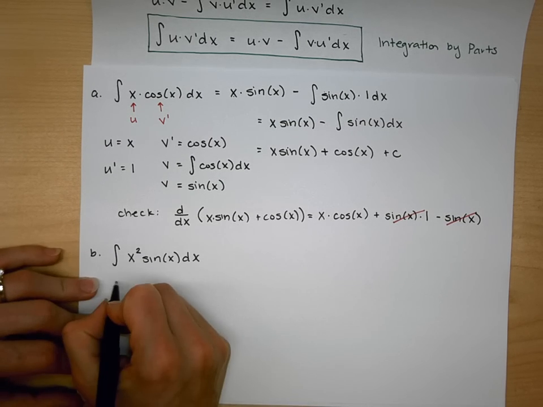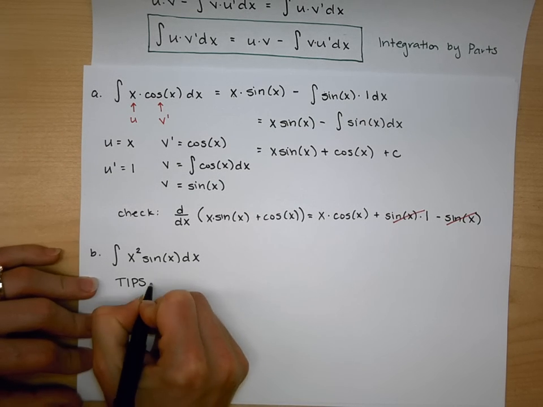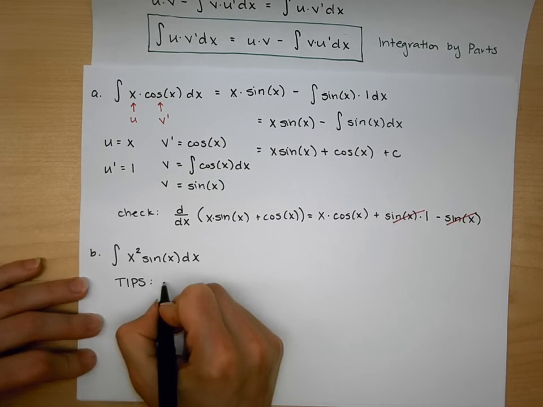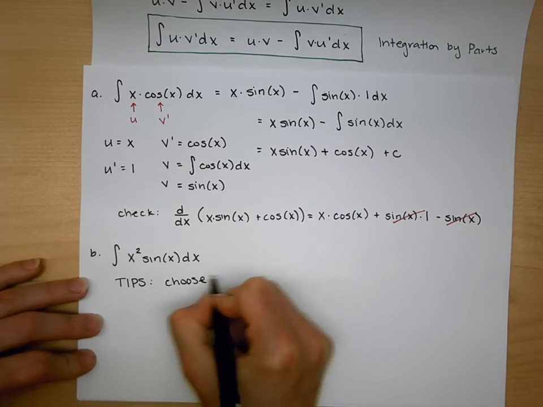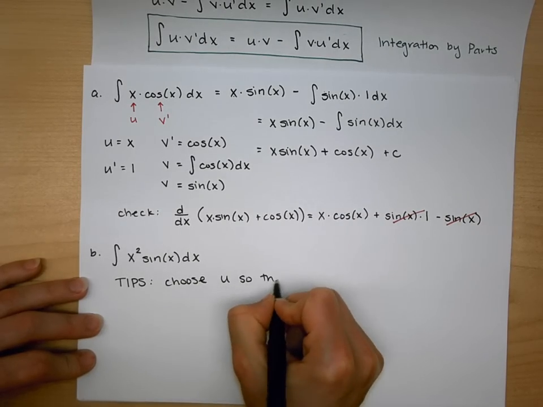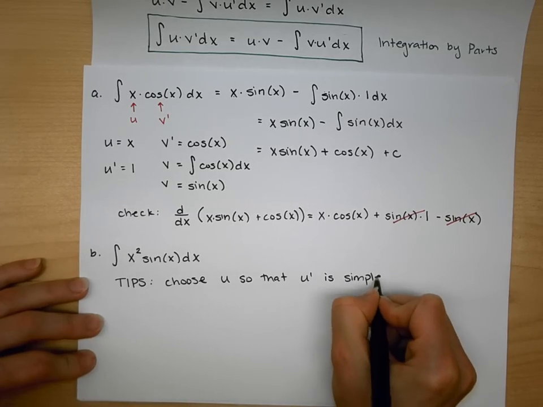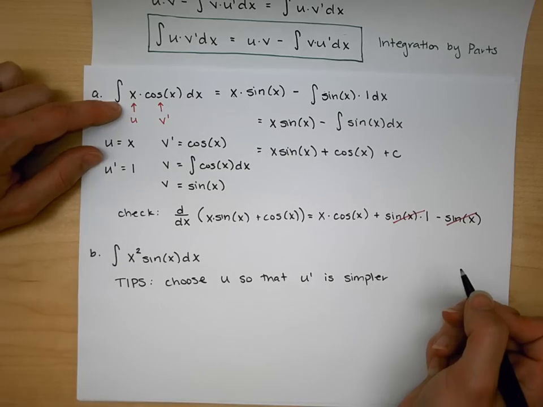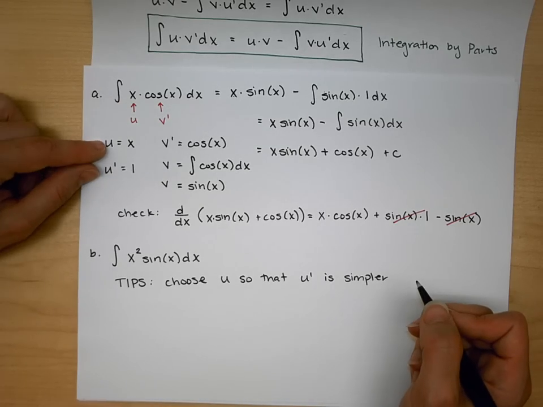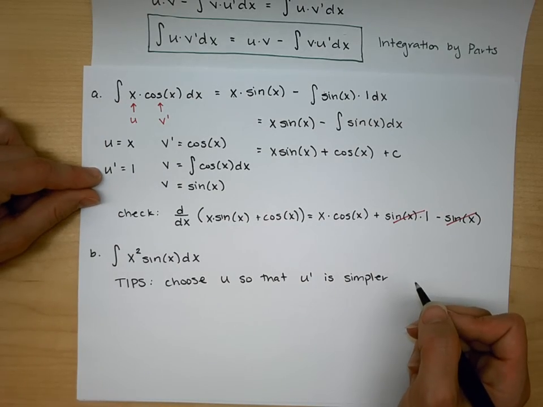Now here's some tips for using this method. Choose u so that u prime is simpler. Notice here I chose x to be u because the derivative of u is simpler than x. It's 1.